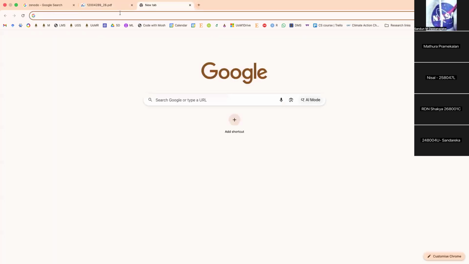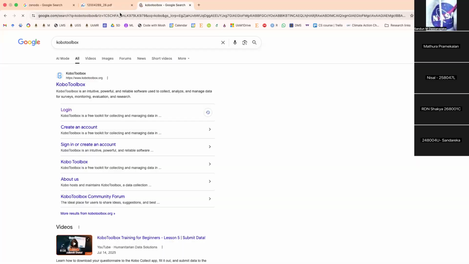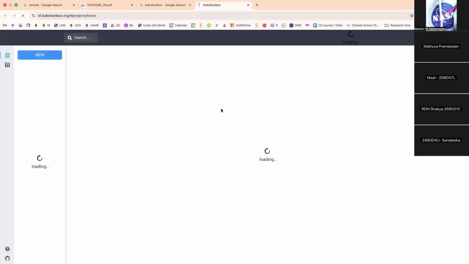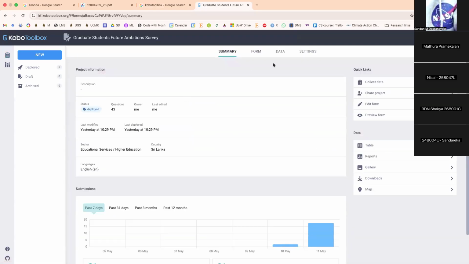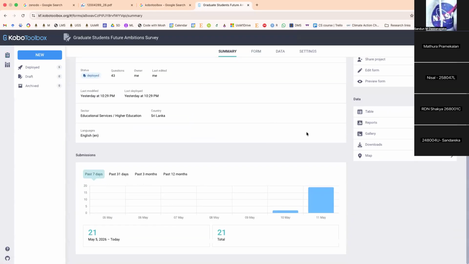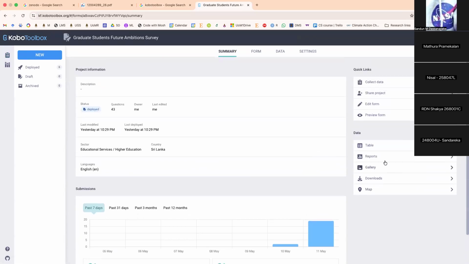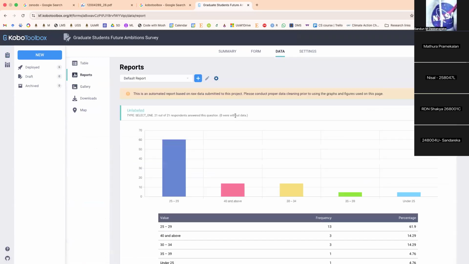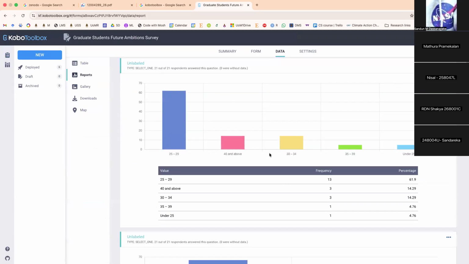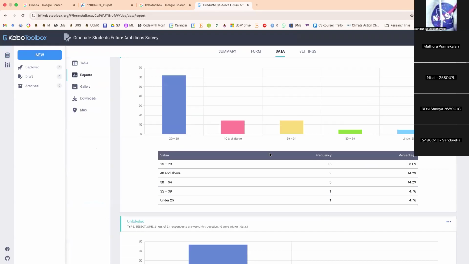So if you go to, let's go to our Kobo Toolbox. There were 21 responses. Thank you for that. This is what I wanted to share with you, the reports. I wanted to do this analysis with you.